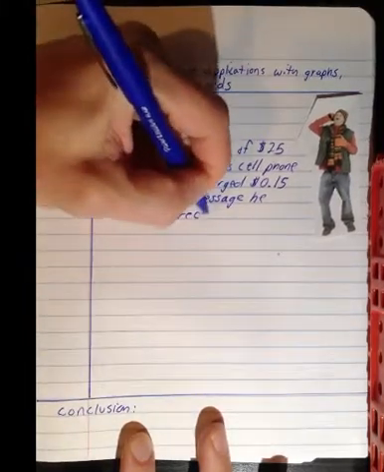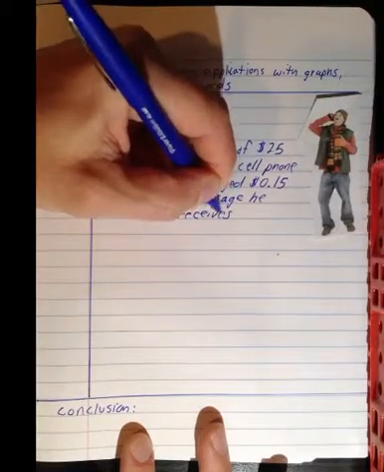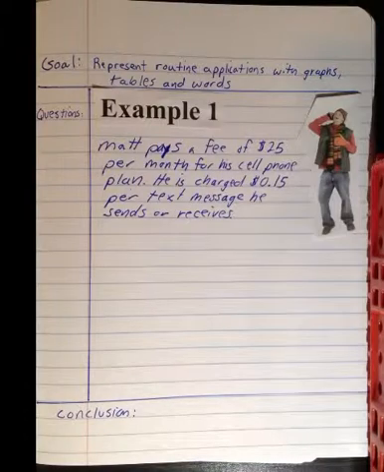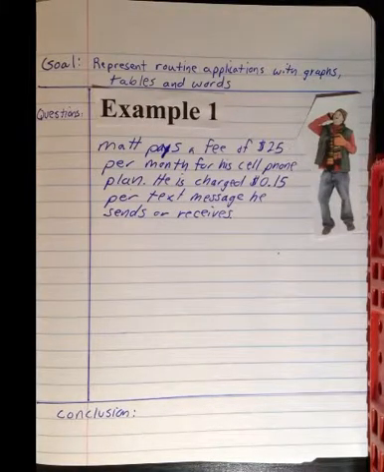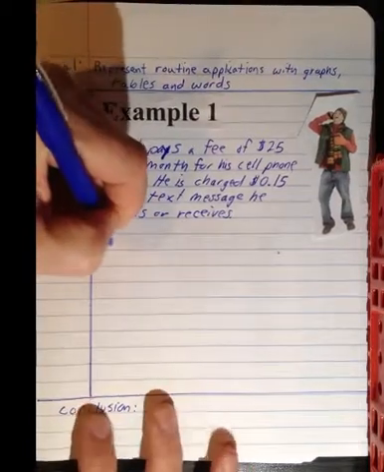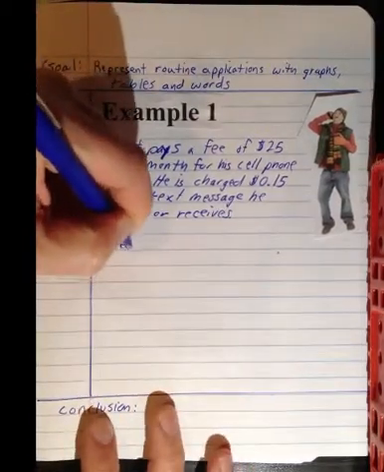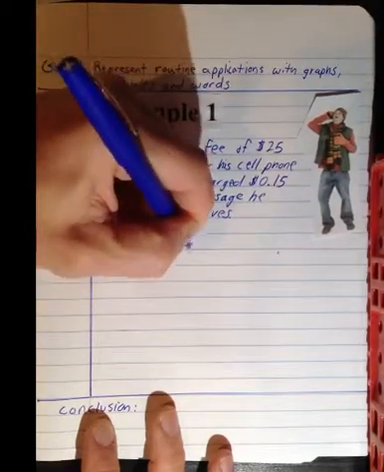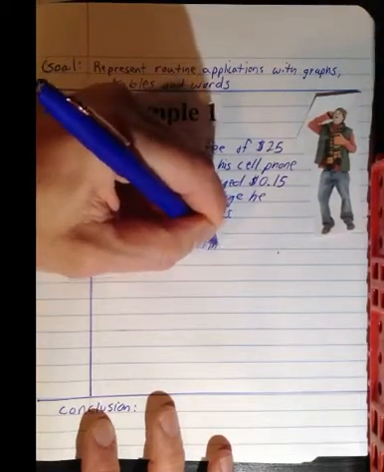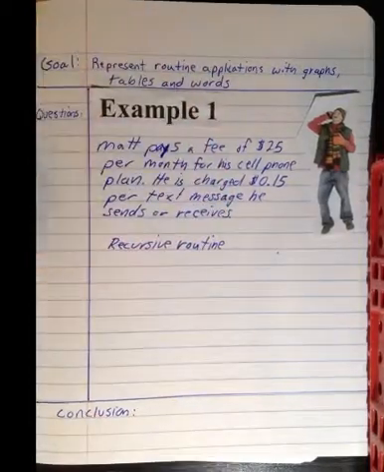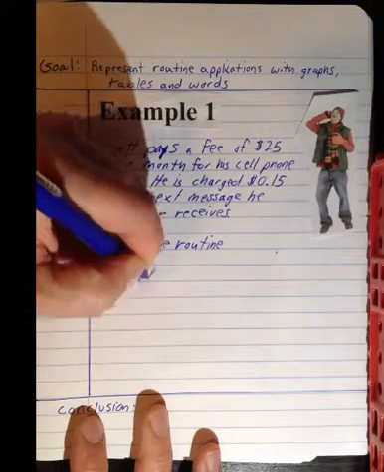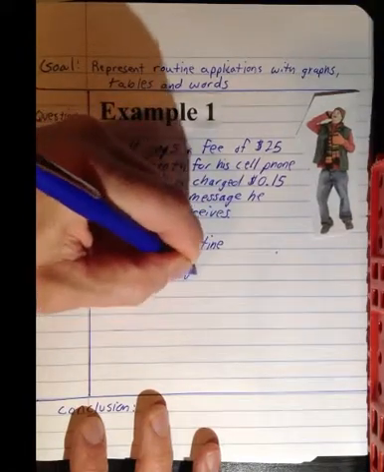If he doesn't send or receive any text, the start value is how much he's going to pay per month. So see if you can write down the start value. So his start value is going to be $25.